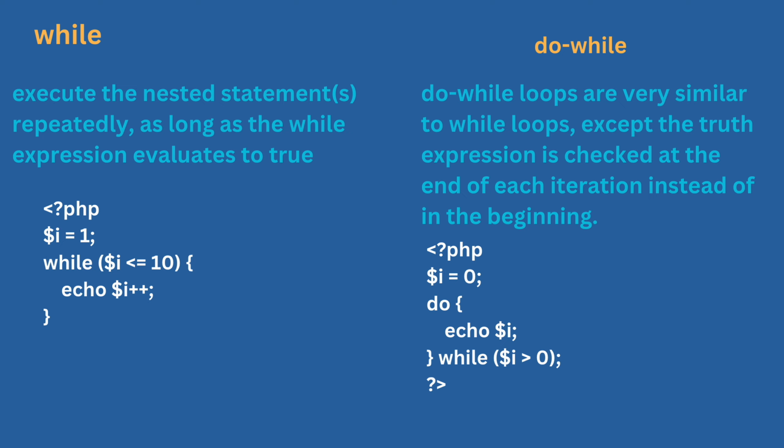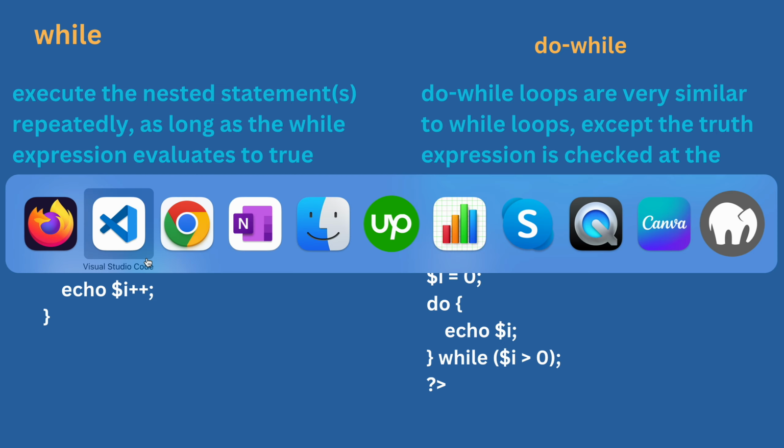Similarly, similar things are also here: while, do while, for loop. While executes the nested statements repeatedly as long as the while expression evaluates to true. Till this is true, my loop will keep running. What does it mean?